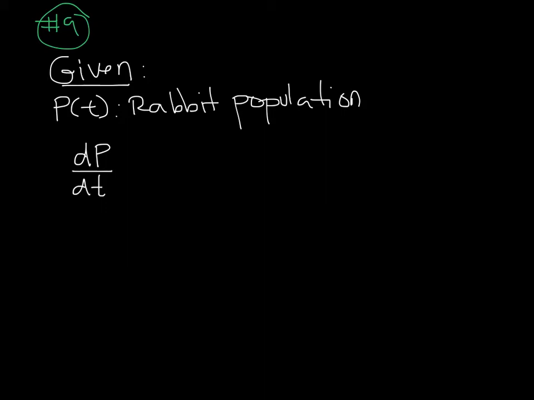The time rate of change of a rabbit population is proportional to the square root of P. If it's proportional, it varies directly, so that's k times the square root of P. That's the translation. You can also call this P prime of t, or sometimes P prime. But that's the first sentence.